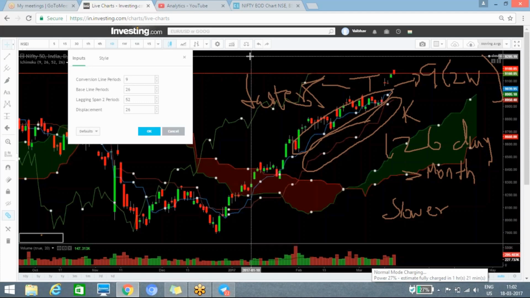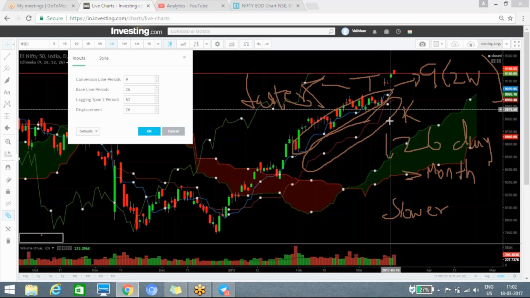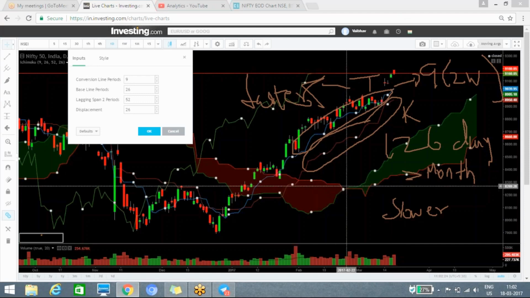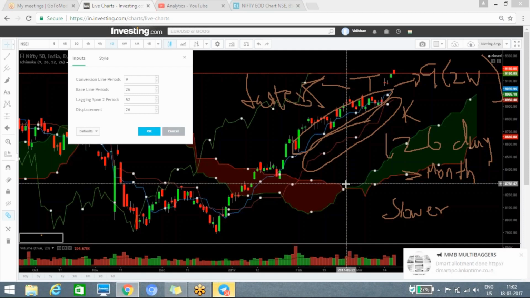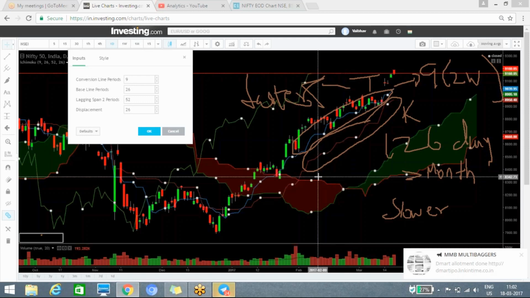Okay, so these are the two lines which we have discussed. Now let's come to the spans. What is a span? There are two spans here.